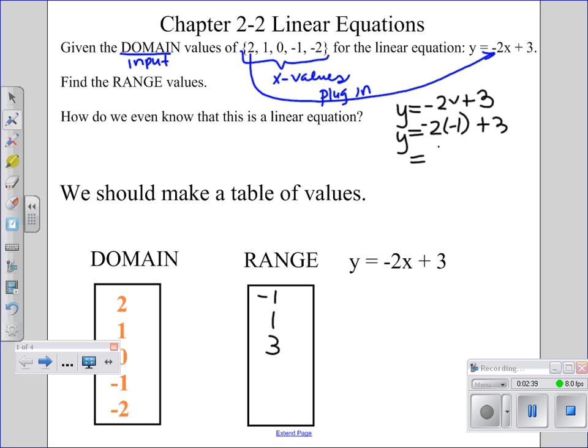We end up with 2 plus 3, which is 5. And the last one, plug in -2. -2 times -2 is 4, plus 3 is 7.